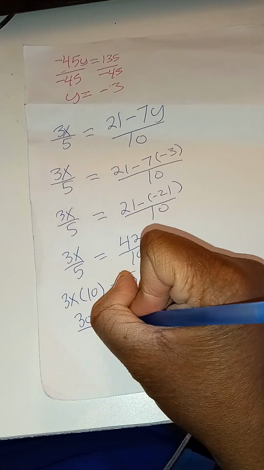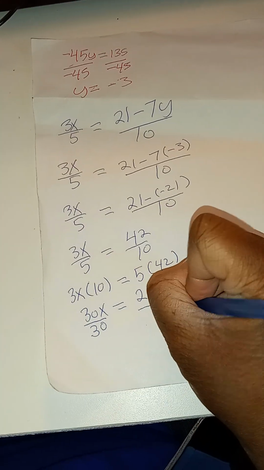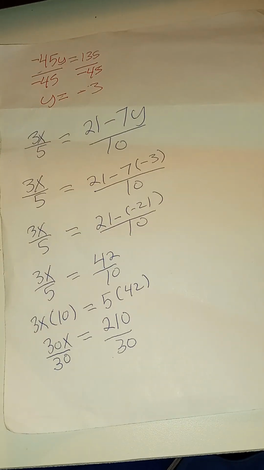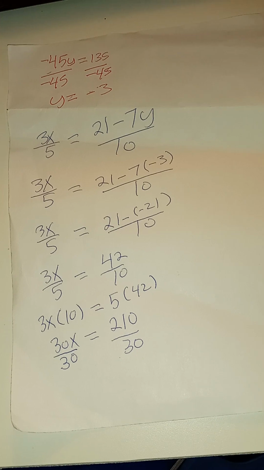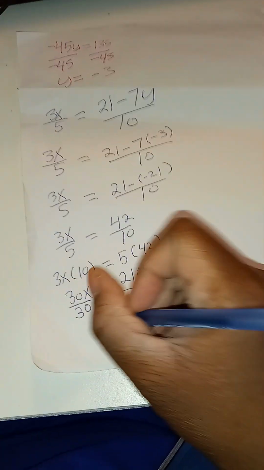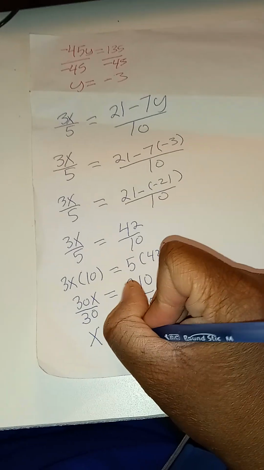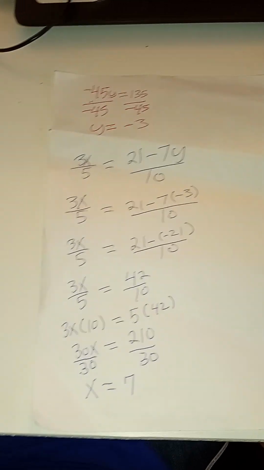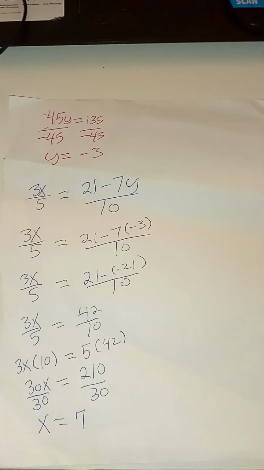And then we divide both sides by 30, and x will equal 7. Now we have our solutions to the equation.